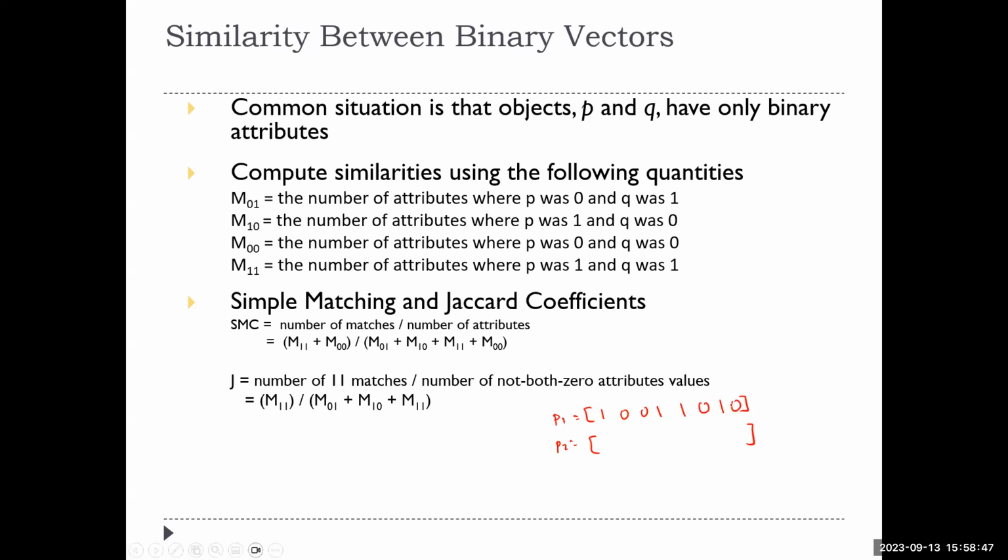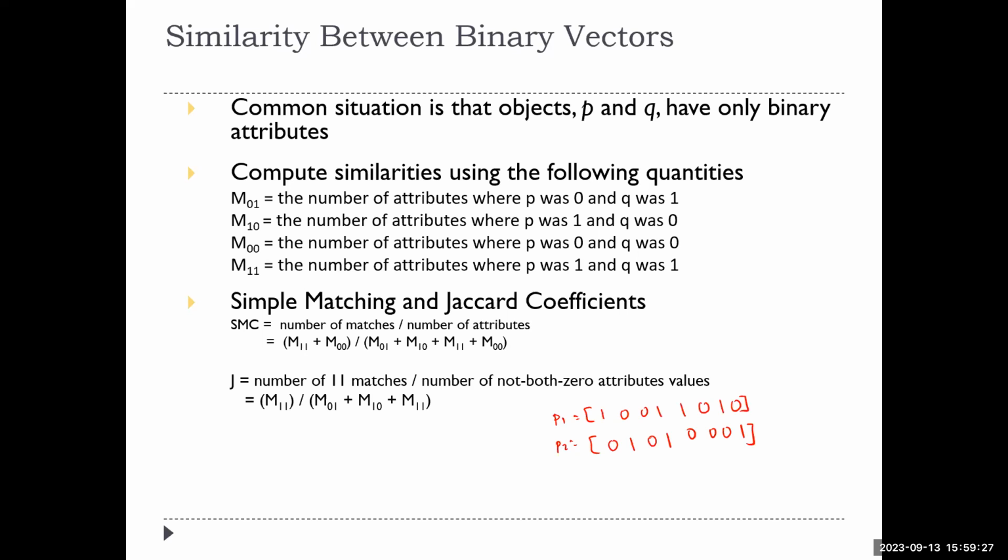The other one is 0, 1, 0, 1, 0, 0, 0, 1. That's what I mean by binary vector: values are either 1 or 0. Two techniques: one is called the simple matching coefficient, the other is called the Jaccard coefficient.